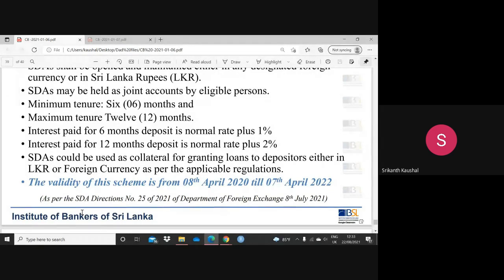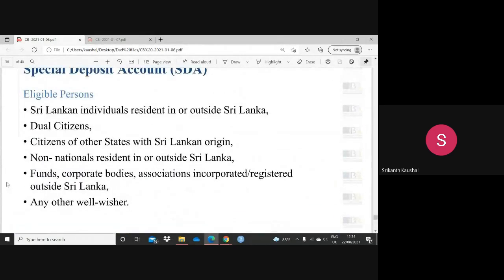This is a special deposit account where the investors will get normal interest plus 1% additional if they deposit the money for 6 months, and 2% additional to the normal interest if they keep the deposit for 12 months. So you can see who are eligible: a Sri Lankan individual resident in or outside Sri Lanka.